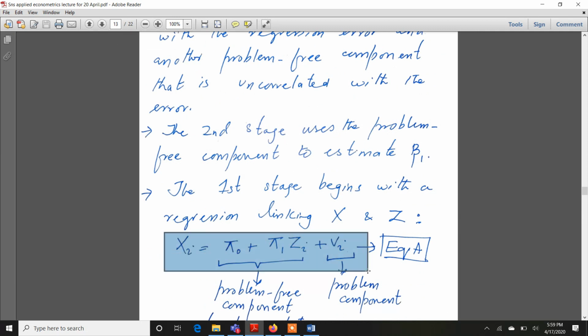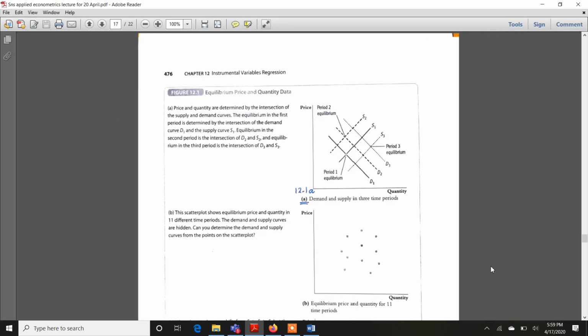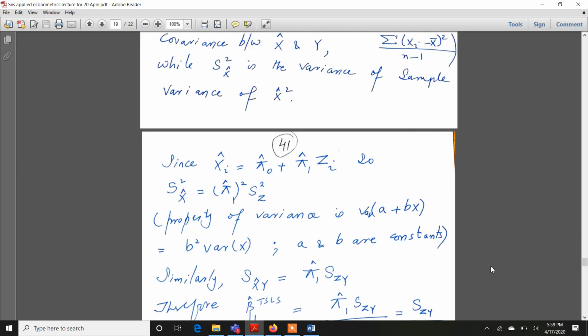If I talk about the predicted or fitted value of xi, you know that the predicted value ignores the residual part, and the hats are applied on the coefficients. So we have xi hat equal to pi naught hat plus pi1 hat zi. So the variance of x hat is simply pi1 hat squared times the variance of z. Why?